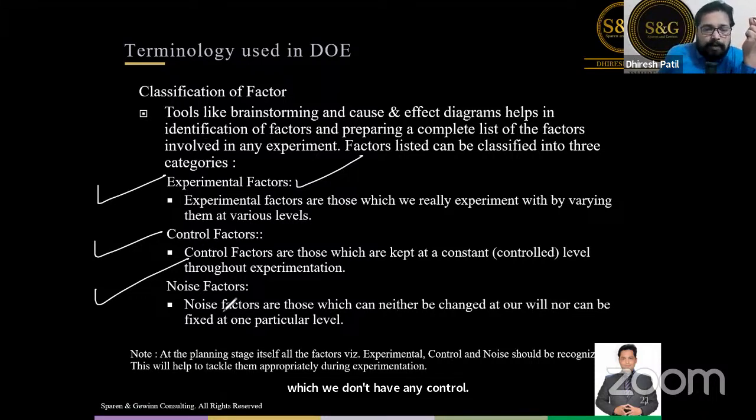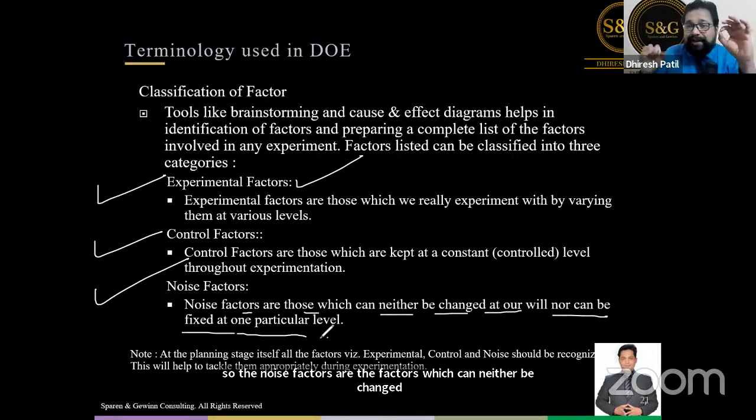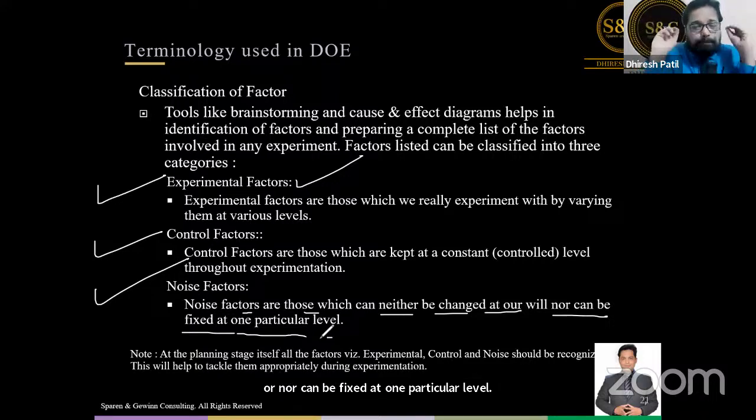The noise factors are the factors which can neither be changed nor be fixed at one particular level. We cannot fix them at a particular level. For example, humidity. In an uncontrolled environment, I cannot have any control on humidity. I will never have control on the temperature. These are called noise factors for me.